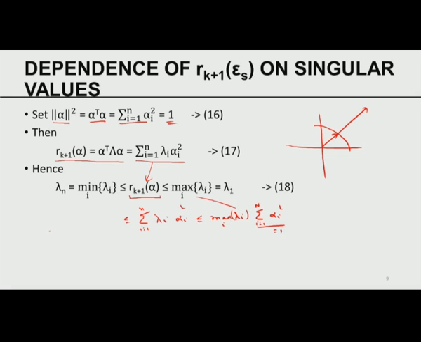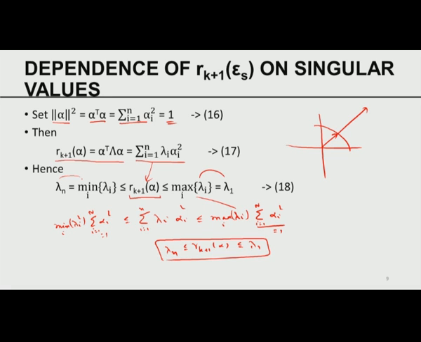This is also right: it is greater than or equal to the minimum over i of lambda i times the summation of alpha i square, i equal to 1 to n, and that is equal to 1. Therefore, lambda 1 is the maximum eigenvalue, lambda n is the minimum eigenvalue. It readily follows that R k plus 1 of alpha lies between lambda n and lambda 1, where lambda 1 and lambda n are the maximum and minimum eigenvalues.